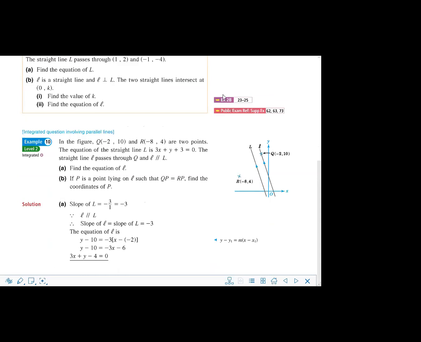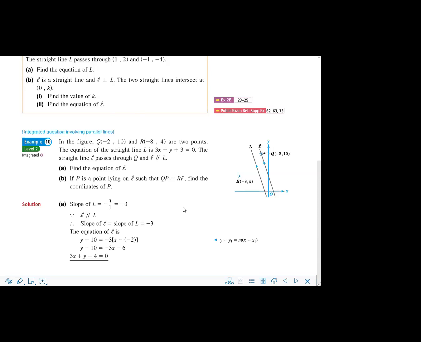So today I'm going to talk about example 10, and then we'll ask you to do instant drill number 10, and then we will skip to example 12. And then we'll ask you to do instant drill number 12. And then I will do the instant drill corner, question number 2, okay? And then if we still have time, I will teach you one little section about two special cases of the equation of straight line, okay? So let's go to example 10 first.